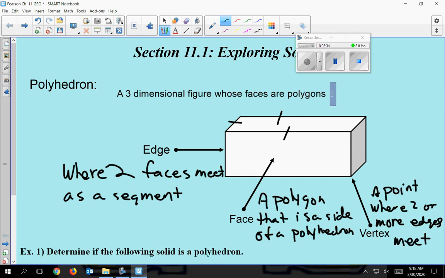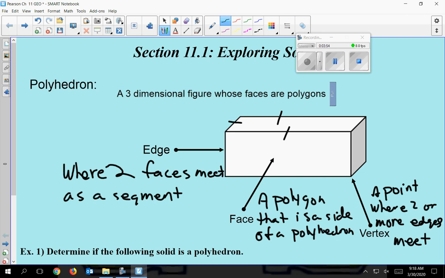Sorry about my writing, trying to squish it. That's bad anyway, you guys know that. So you've got to know what an edge is. You've got to know what a vertex is. You know what a polygon is, but it creates these three-dimensional figures called polyhedrons.